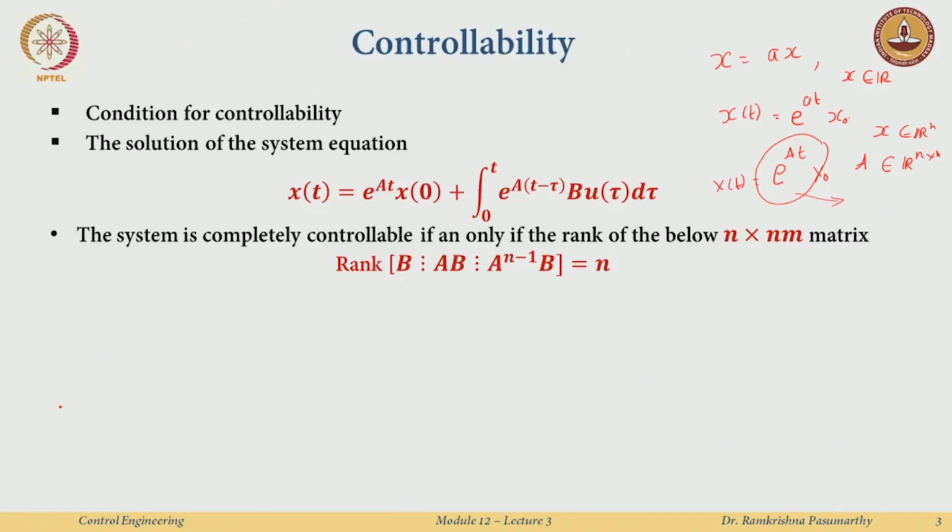If I write this down, let me simply assume that x of 0 is some number, and say x of t, I want to go to the origin from any initial condition.